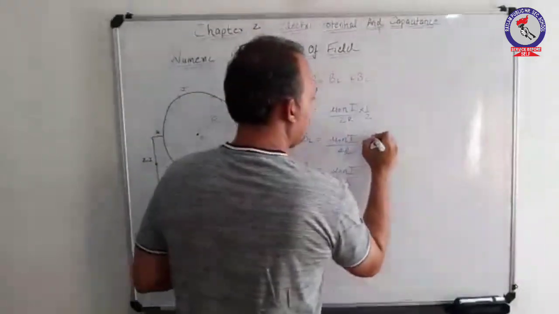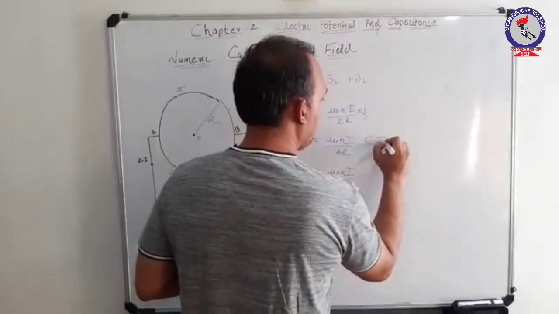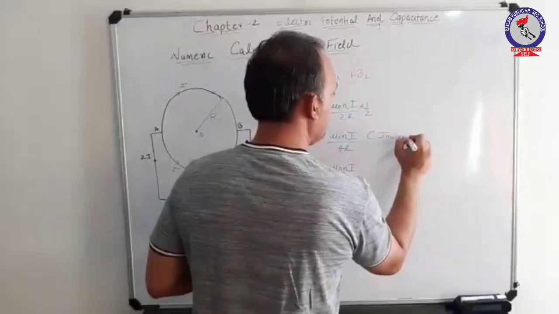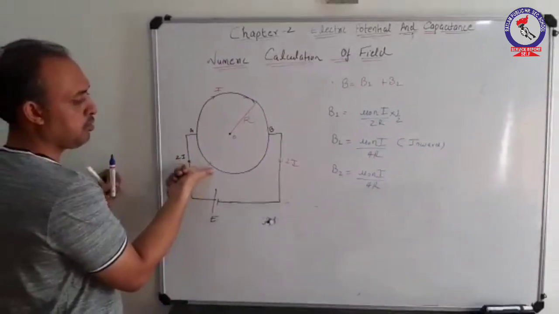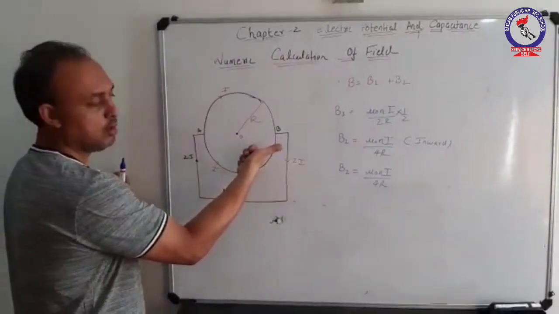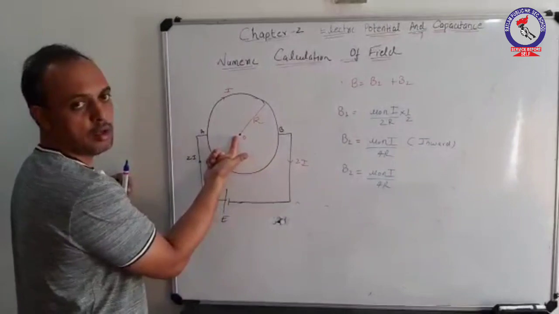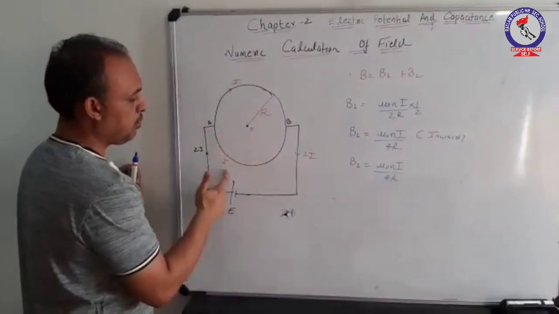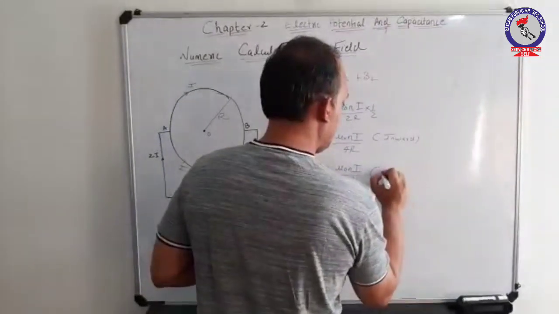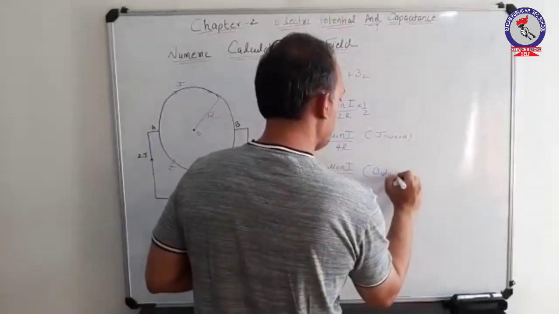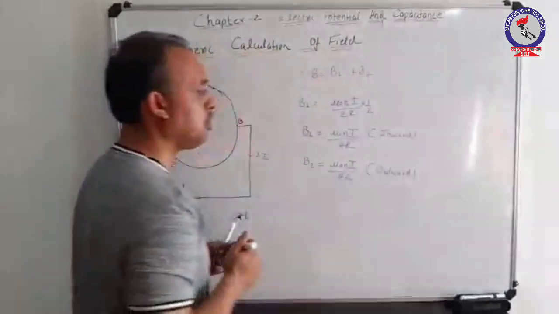That is, the direction of field B1 is inwards. Similarly, if you observe the direction of current and the field at this point O due to the current flowing through the lower semicircle, you will observe that the direction of field is outwards.